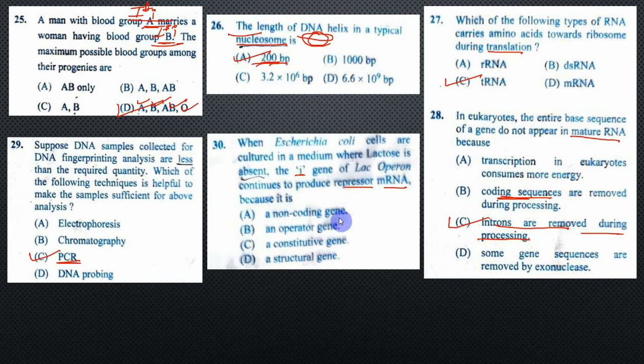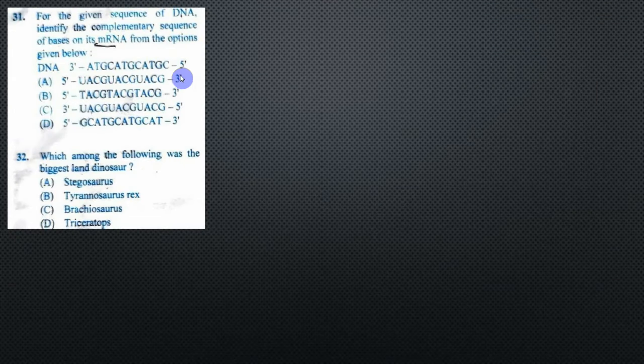If you have studied the lac operon properly, it is clearly mentioned in the textbook that the I gene of the lac operon will be constitutively expressed in the absence of lactose, right? So the answer for this particular question is C, that is, it is a constitutive gene. All right. Let's go on to the next question.